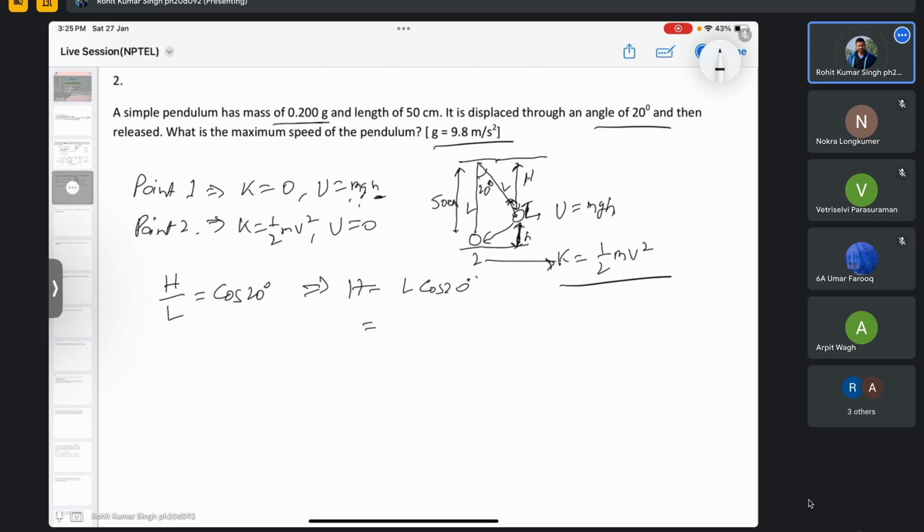Now this L is equal to small h plus big H, right?